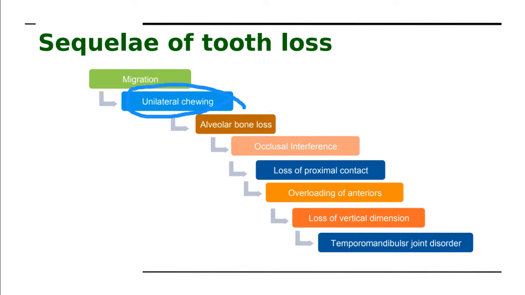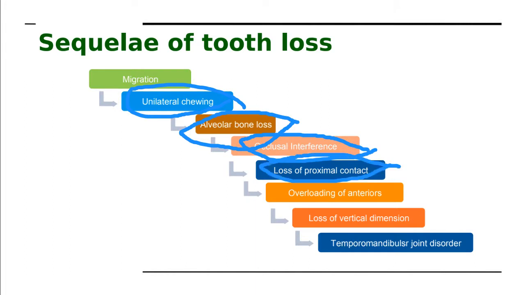And on the other side, where there was tooth loss and migration of the adjacent teeth, there is alveolar bone loss. And with the alveolar bone loss and migration, there is an occlusal interference, and there is loss of proximal contact and overloading of anteriors.